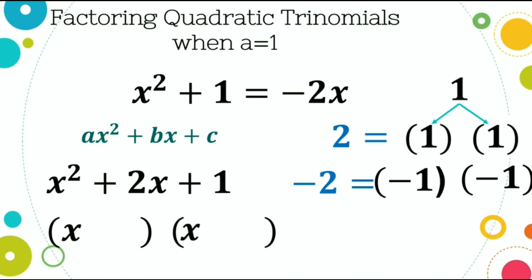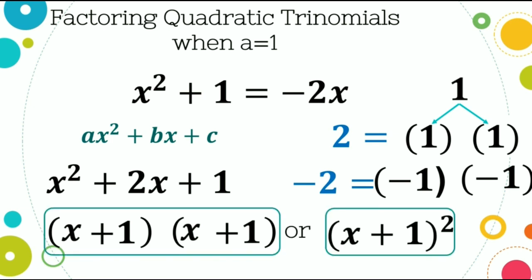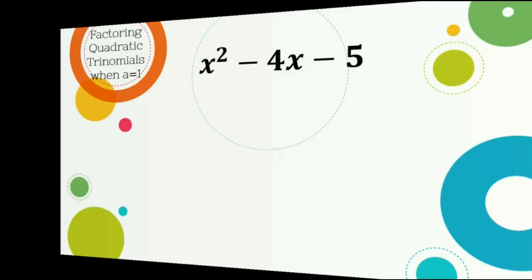Our middle term is positive 2. So we will have the factors of positive 1. So the factors of x squared plus 2x plus 1 are x plus 1 times x plus 1, or we can write this as the square of x plus 1, just like our previous lesson.